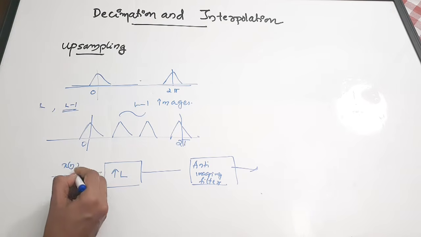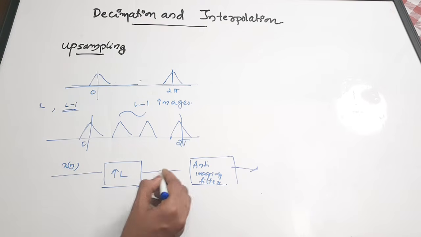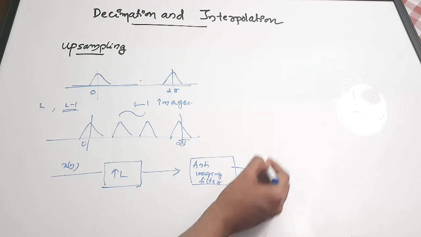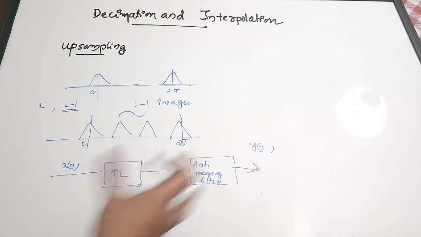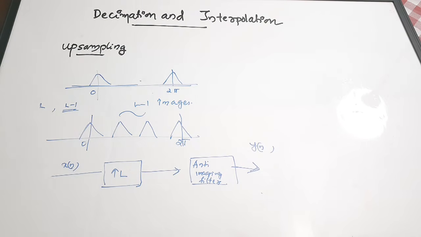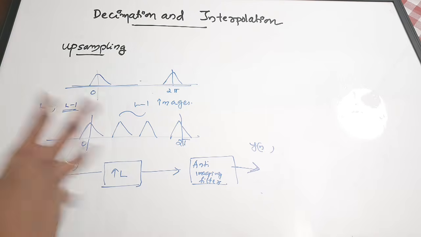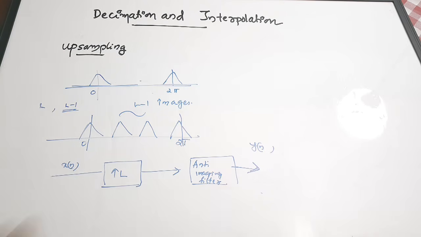So x of n is your input, which will be passing through the upsampling block. Then we have to remove the images which are actually created due to adding of L minus 1 zeros. So these images we are going to remove with the help of an anti-imaging filter.